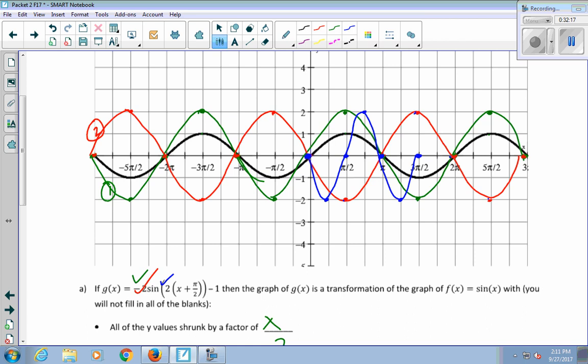So that goes there, that goes there. This min right here moves 1/2 the distance to the y-axis, which is here. This 0 goes 1/2 the distance, it lands there. This max goes 1/2 the distance, it lands here. And this 0 goes 1/2 the distance, which lands here.